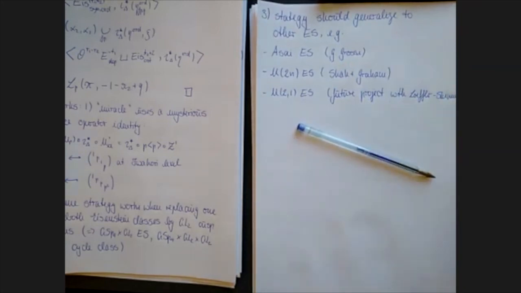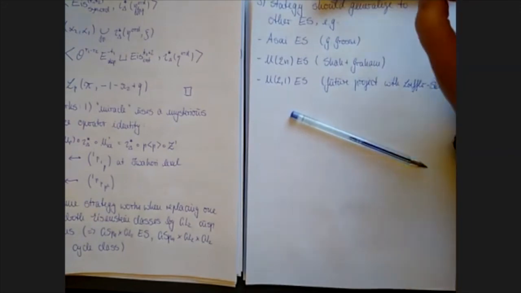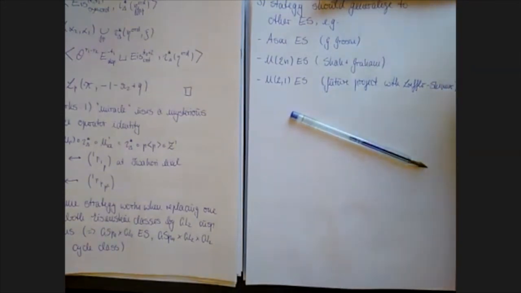Okay, so let me end by summarizing what we have done. We have our Euler system. We have taken the bottom class of this Euler system and we have evaluated it under the syntomic regulator. And by pairing it against suitable elements arising from this coherent class eta, we obtain non-critical values of the p-adic L-function.